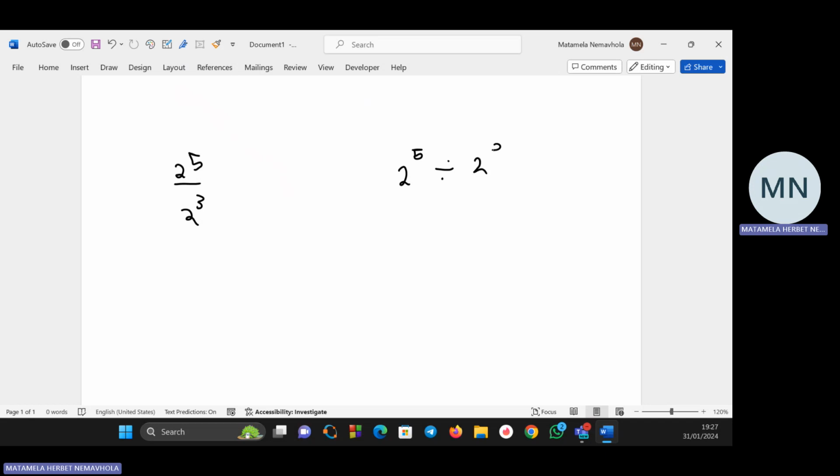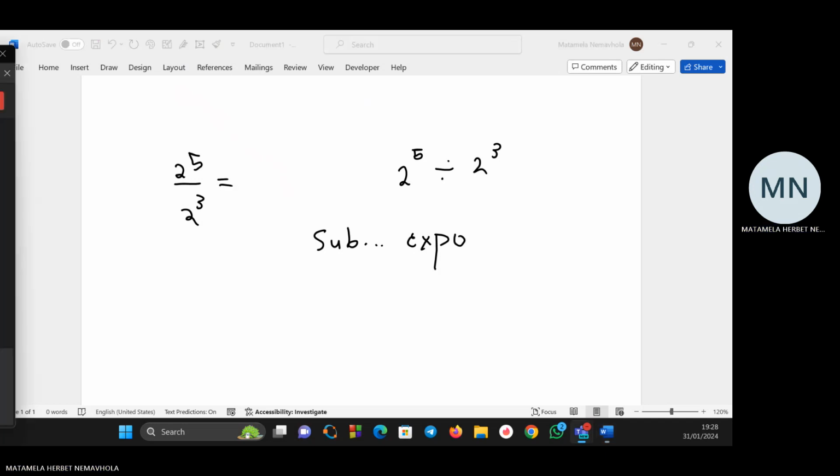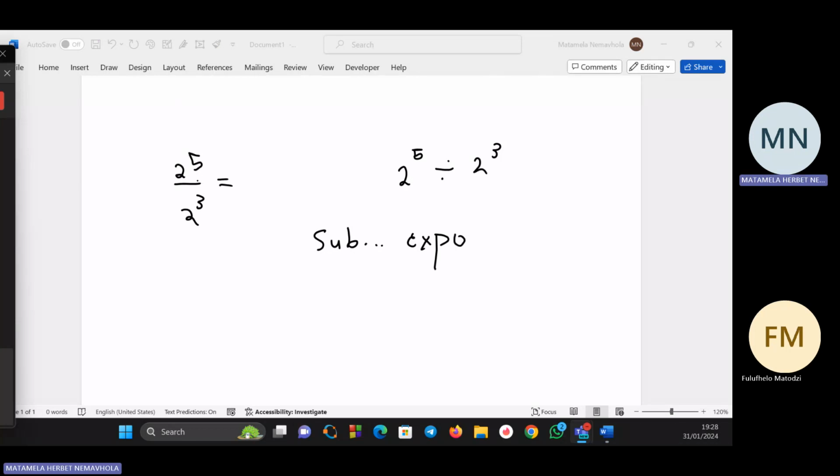So if we are solving this, when you are dividing, we subtract the exponents. When we say we subtract the exponents, it means that if I have 2 to the power 5 divided by 2 to the power 3.